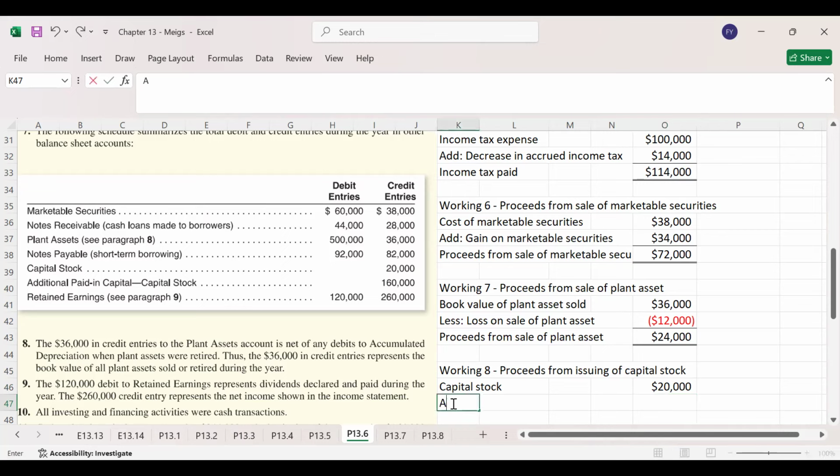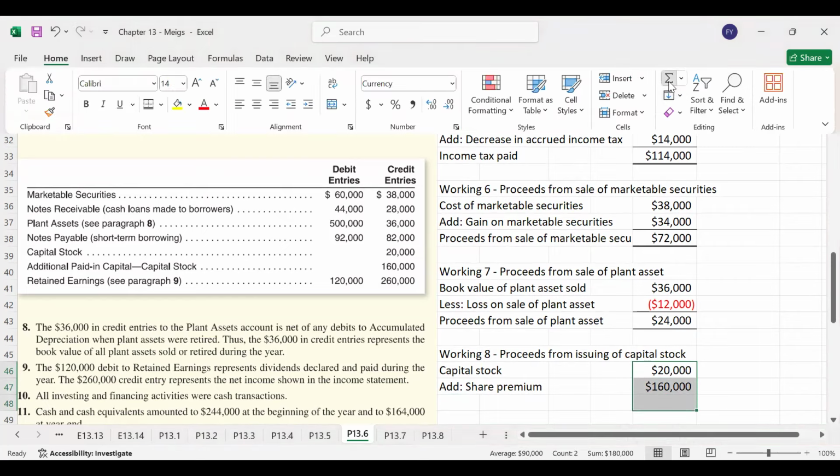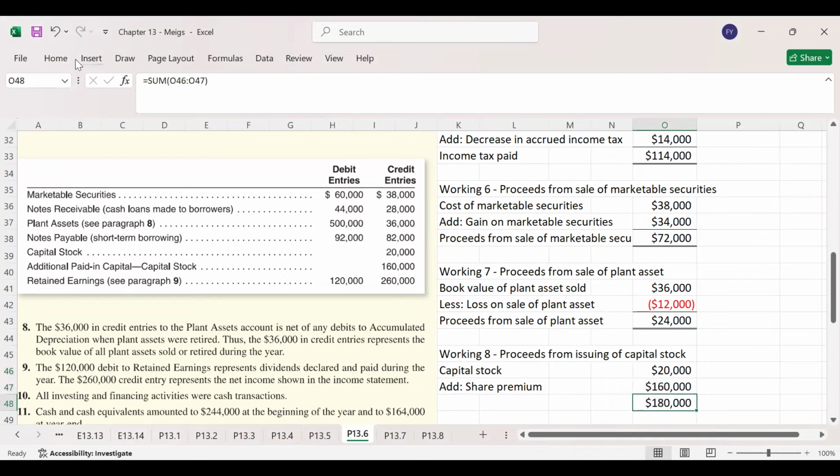So we are going to add share premium, which is related to the capital stock, which is $160,000. So the total proceeds from issuing of capital stock are $180,000.